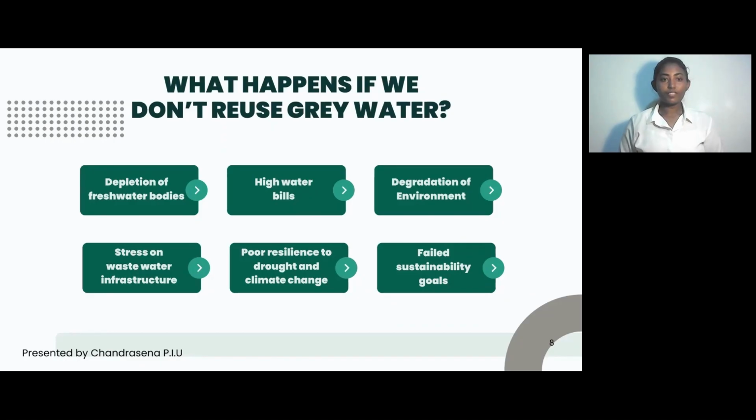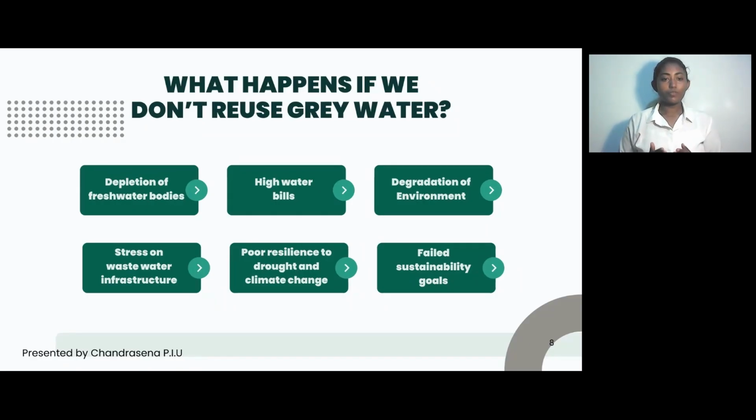Now, let's see what happens when we don't reuse grey water. First one is depletion of freshwater bodies. Freshwater comes from rivers, lakes, and underground water. This is the water we use in our day-to-day life. When we are using it too much, these natural sources start to dry up. Next one is receiving high water bills.